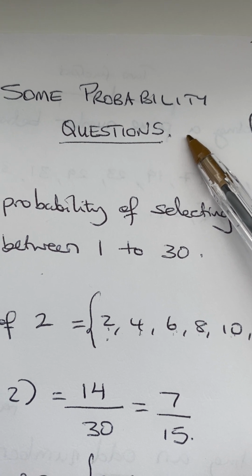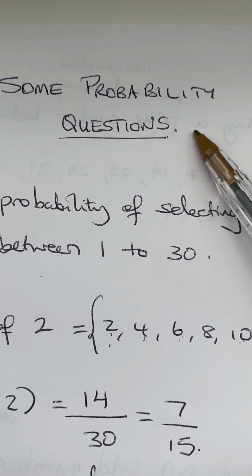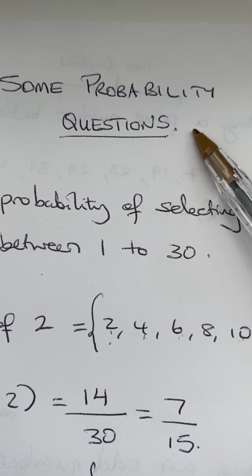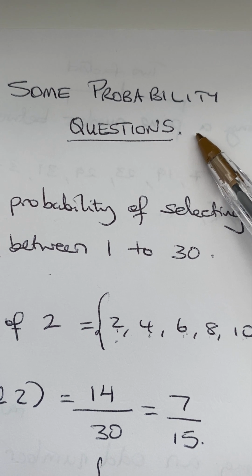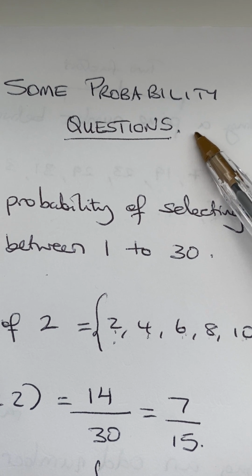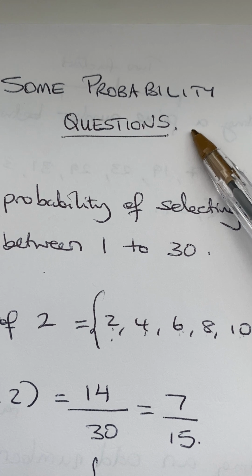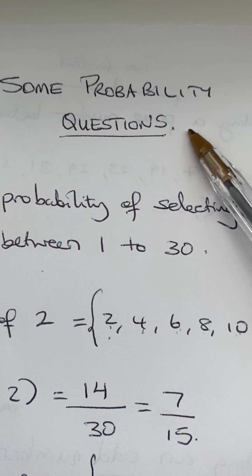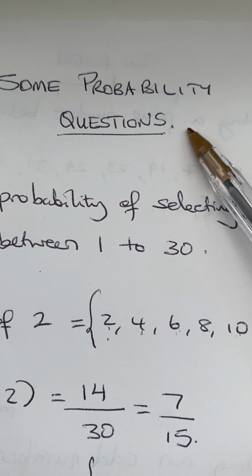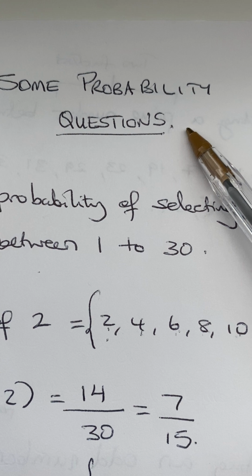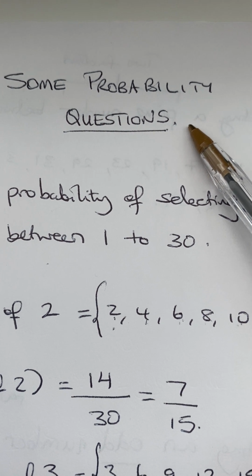You won't have that, okay? And we said probability can be given to you as fractions, as decimals, or as percentages, or in the form 1:3, 5 in 6.